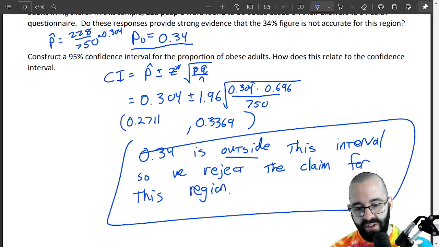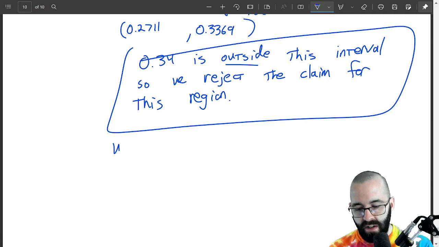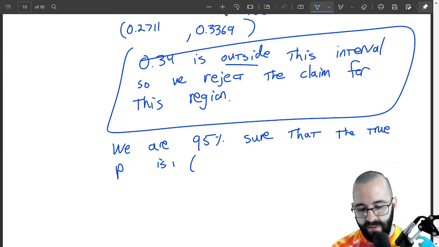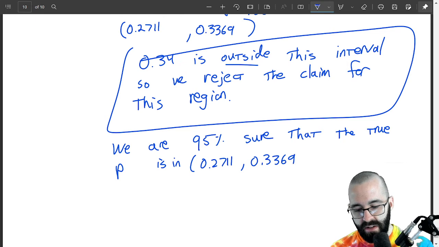All right, so we found our confidence interval, and oh, we should interpret, right? It says, how does this relate to the confidence interval? We are 95% sure that the true p, the population proportion, is in the interval 27% to 33.69%.